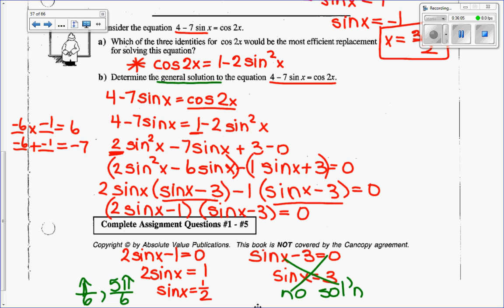Now we haven't quite answered the question because it asked us for the general solution. So remember, we're going to take our pi over 6 and add some number of 2 pi.